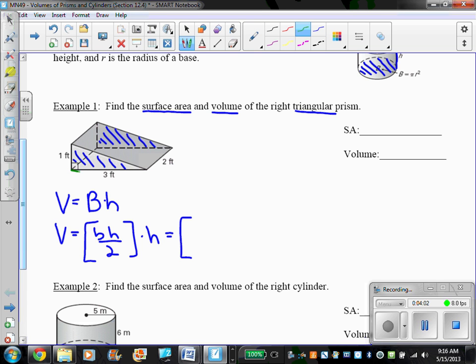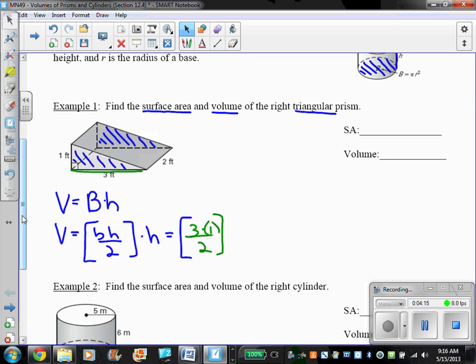is going to be right here. So that's 3 times the height of 1 divided by 2. That's the area of the actual triangle. And then we multiply it by the height, and the height is right here. So if you think about flipping this piece of cheese forward, that will be the height of your actual prism.